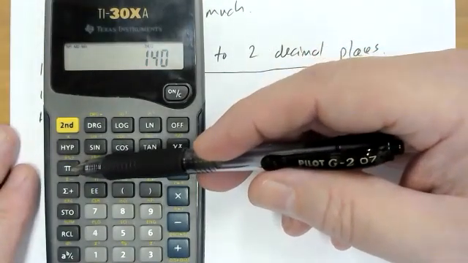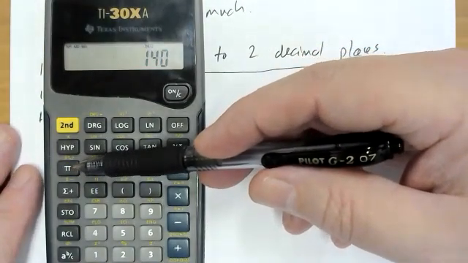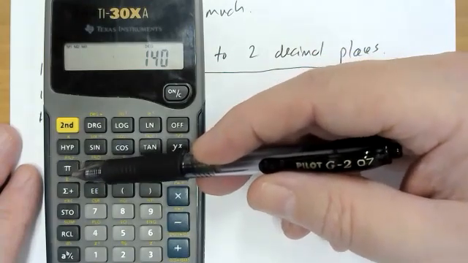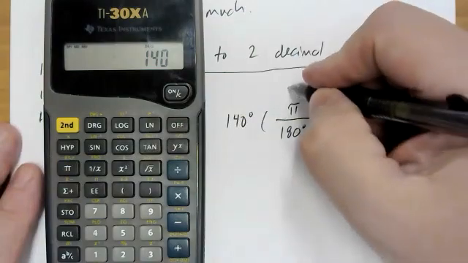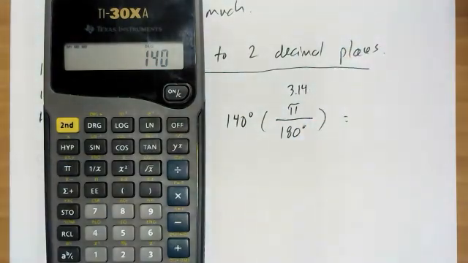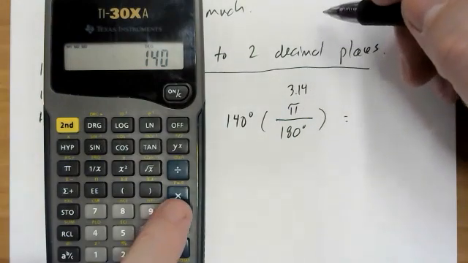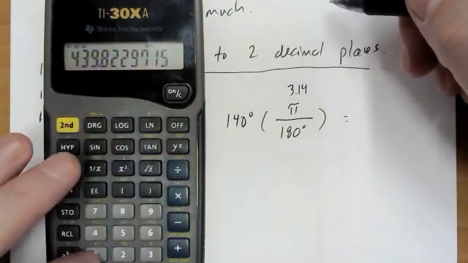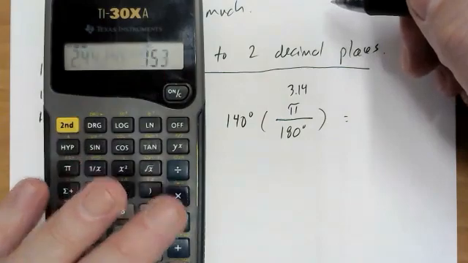And if you ever are using pi in the calculation, you always need to use the pi key on your calculator. Don't just enter 3.14 for pi, because you will usually not end up with the correct answer. So 140 times pi divided by 180.